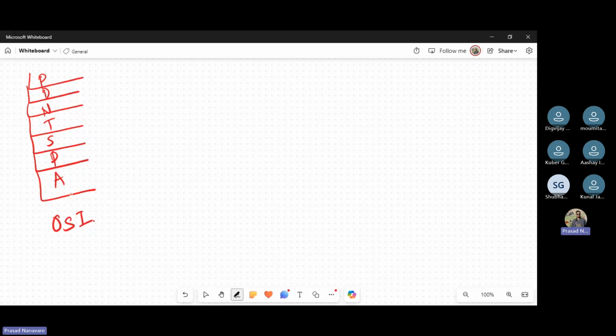Any idea where it is used? Any rough idea? Anyone? In web browsing, sir, like HTTP and HTTPS. Those are protocols, okay?